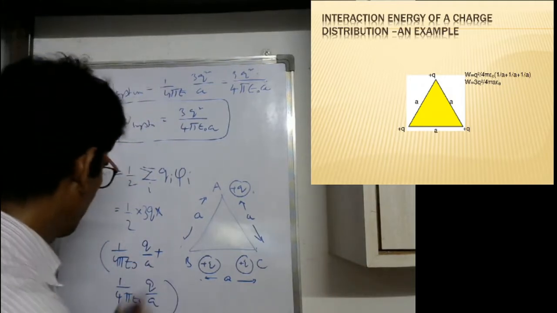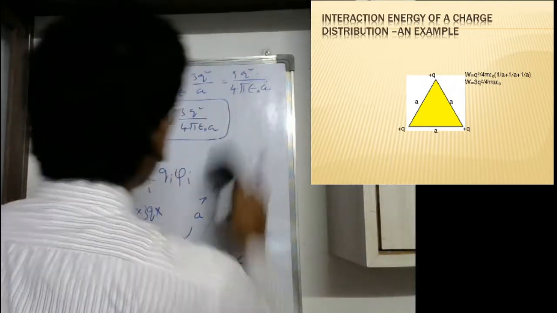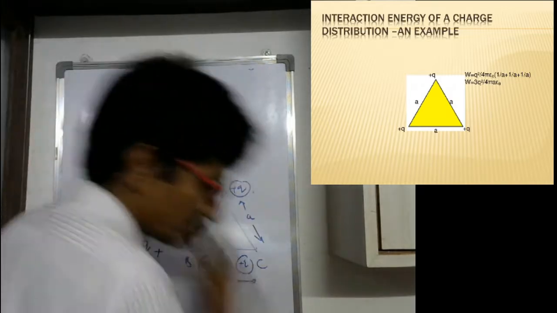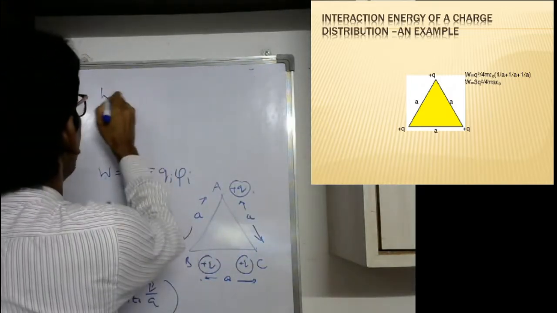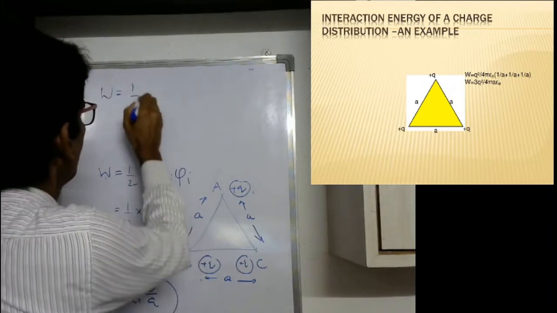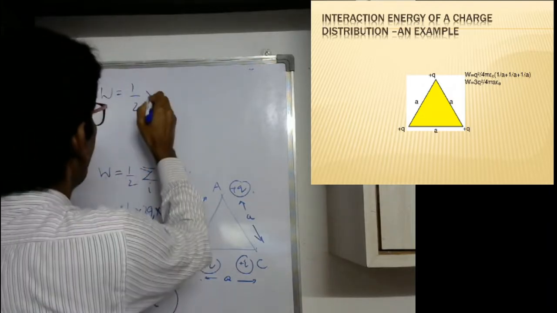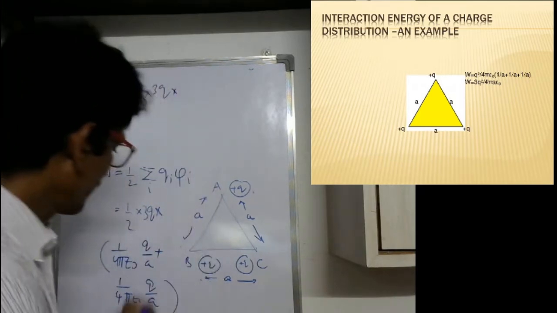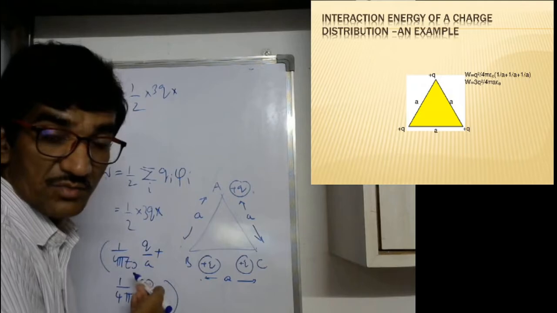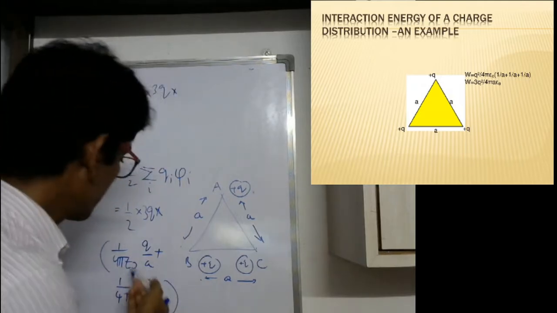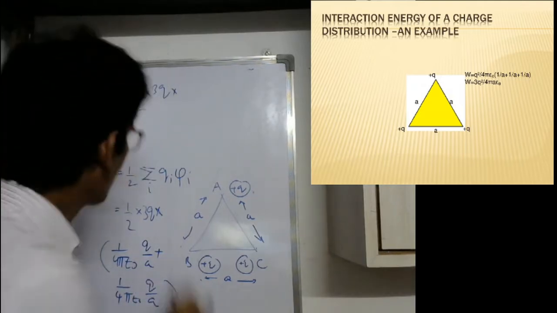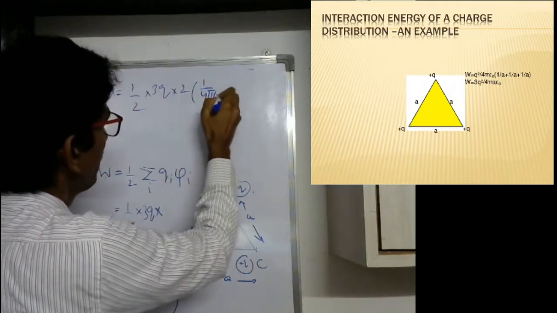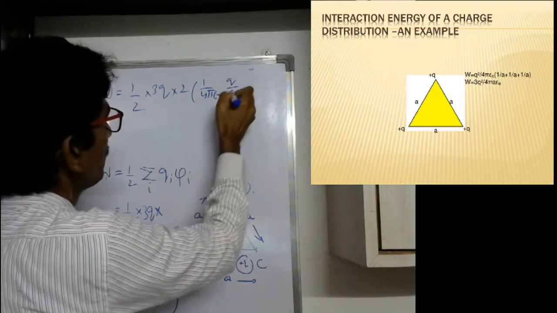Now this W is equal to half into 3q into, both terms are same, so this is twice any one of the 2 terms: 2 into 1 by 4 pi epsilon naught q by A.